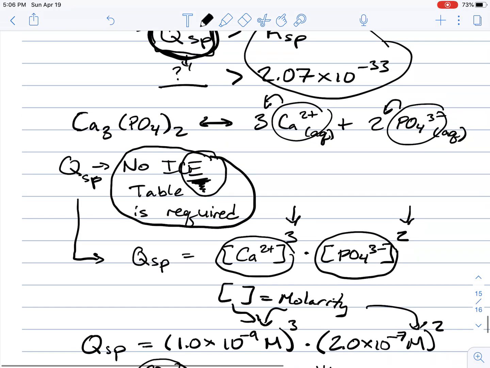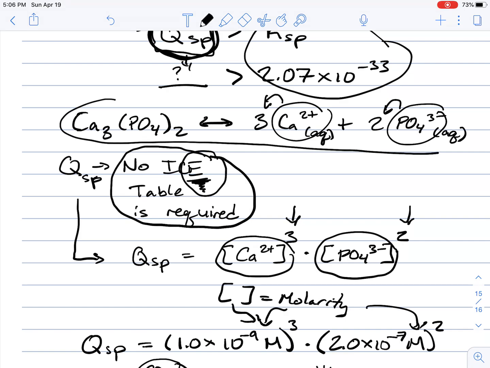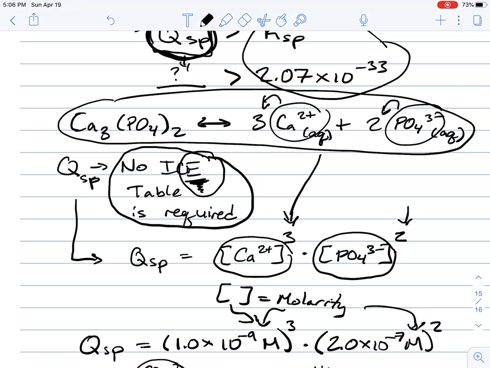And so before I move on, I only did this so that I can determine the number that's going to be in the exponent so that I can calculate QSP. Okay?